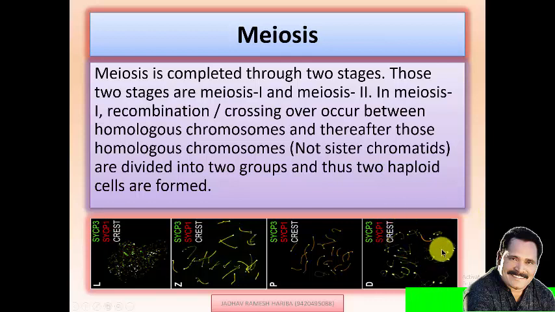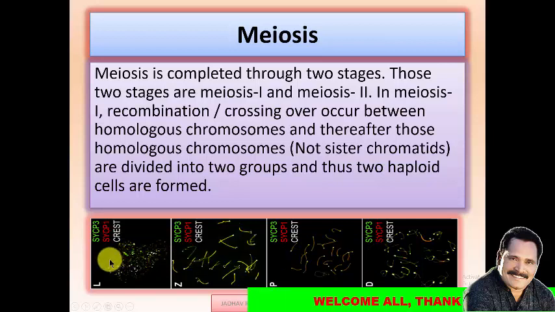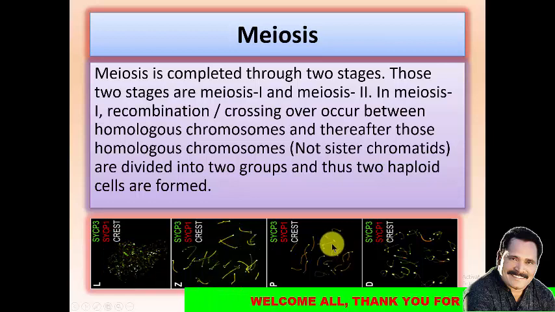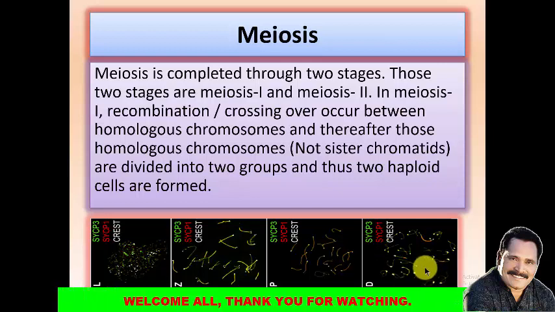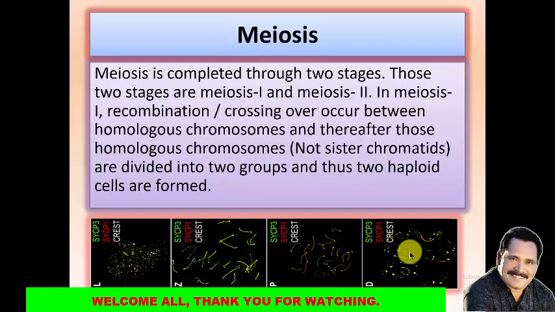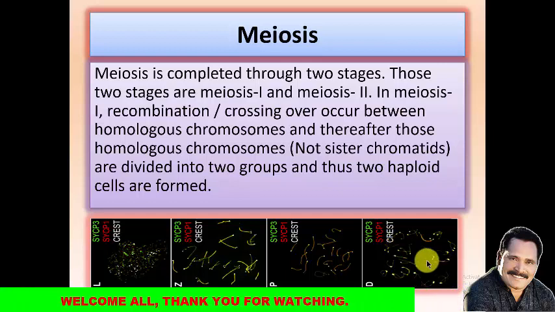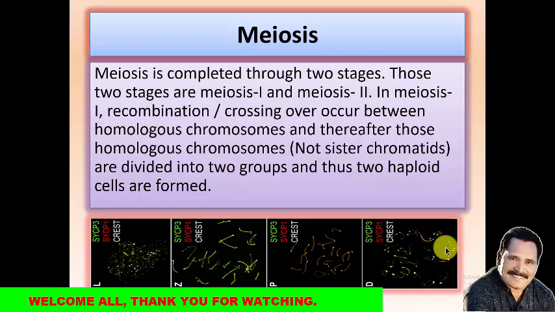These are the 4 stages of prophase first: the first is leptotene, then zygotene, third is pachytene, where the actual recombination or crossing over occurs between homologous chromosomes, and in the 4th stage, diplotene, the chromosomal material becomes thick threads.